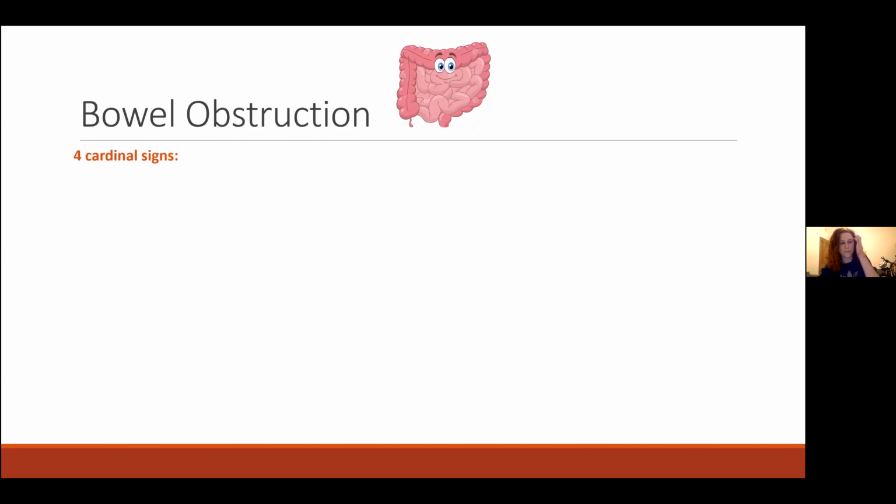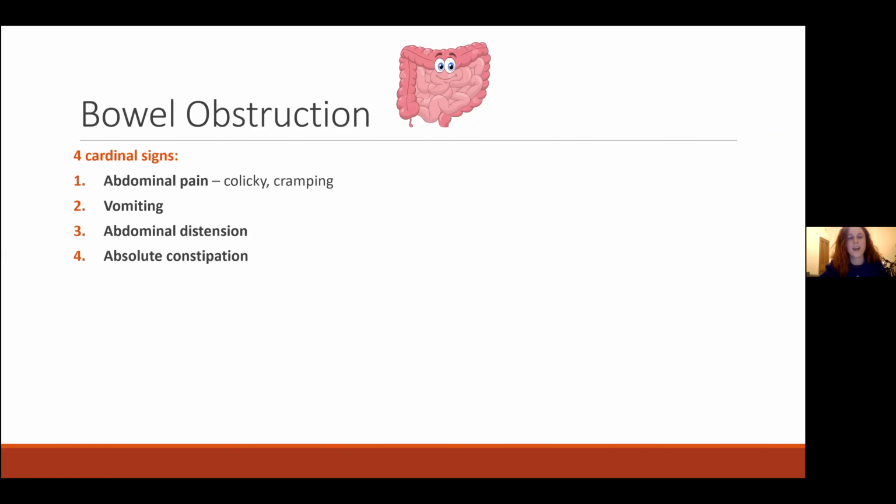Vomiting. Okay, so the 4 cardinal signs are abdominal pain, which is usually colicky. So again, that means it sort of comes and goes like a squeezing motion, and it's cramping. Vomiting, which, like someone said, can be feculent. Abdominal distension and absolute constipation.